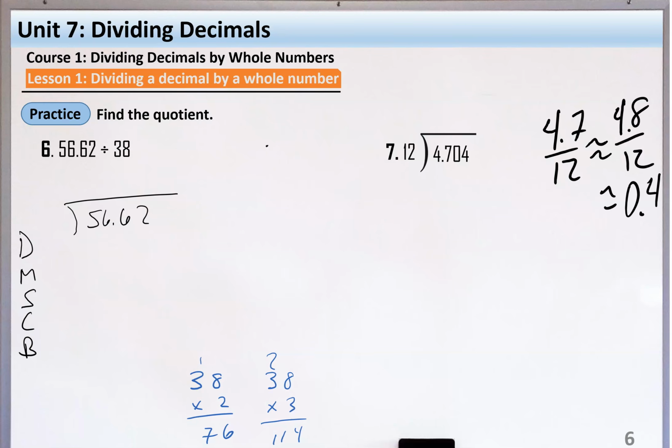But anyway, so we have 38. Bring up our decimal. One time. Subtract. That leaves us 18. We check that's less than 38. So now we can bring down. Let's try 38 times 4.